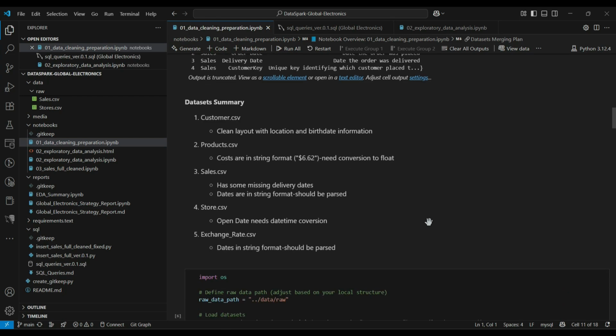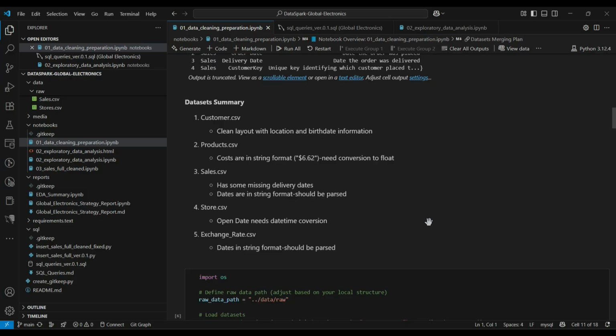After reviewing them, I identified five key areas of data cleaning. In the customers dataset, location details and birth date formatting needed cleanup. The products dataset contained cost values as strings requiring conversion to float.